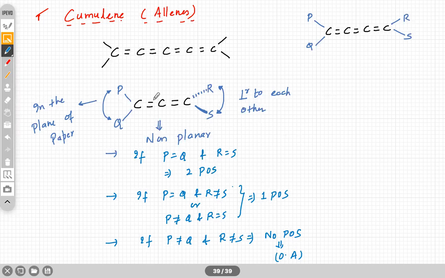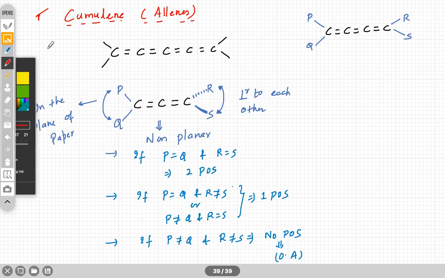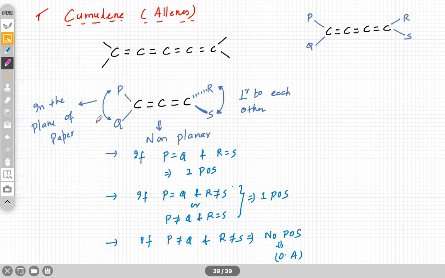Means if you have an even number of cumulenes with all different groups attached to it, then the compound is said to be optically active. One very important property of this: it won't show GI. No geometrical isomerism we have.